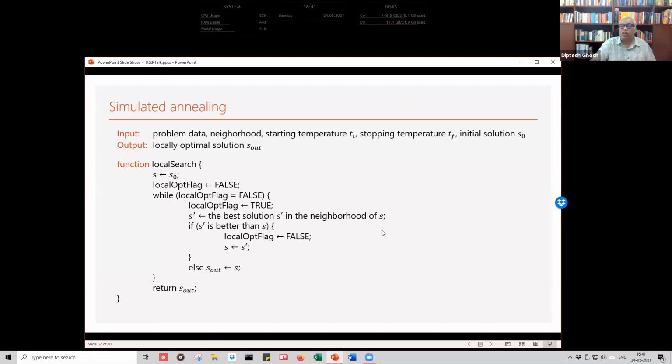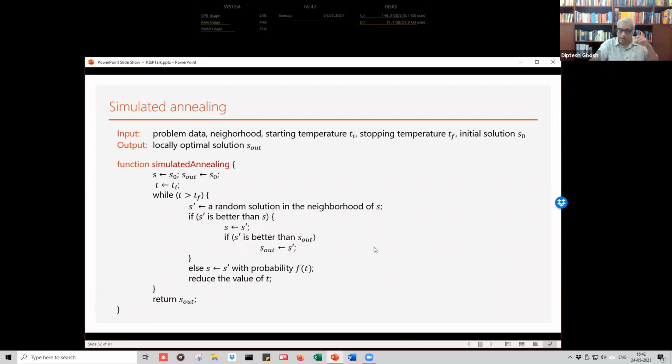So therefore, you would allow that worse move to go through with a probability which reduces as time goes by. So that is what is called simulated annealing.